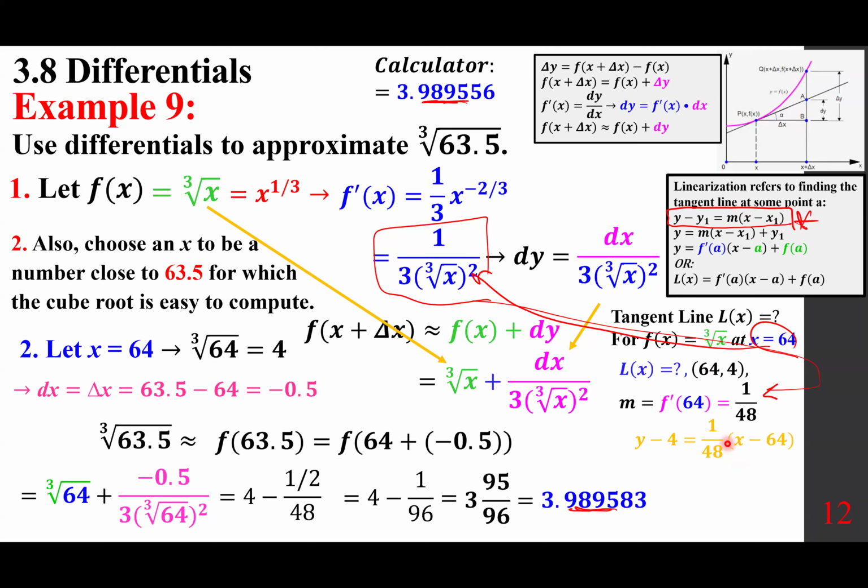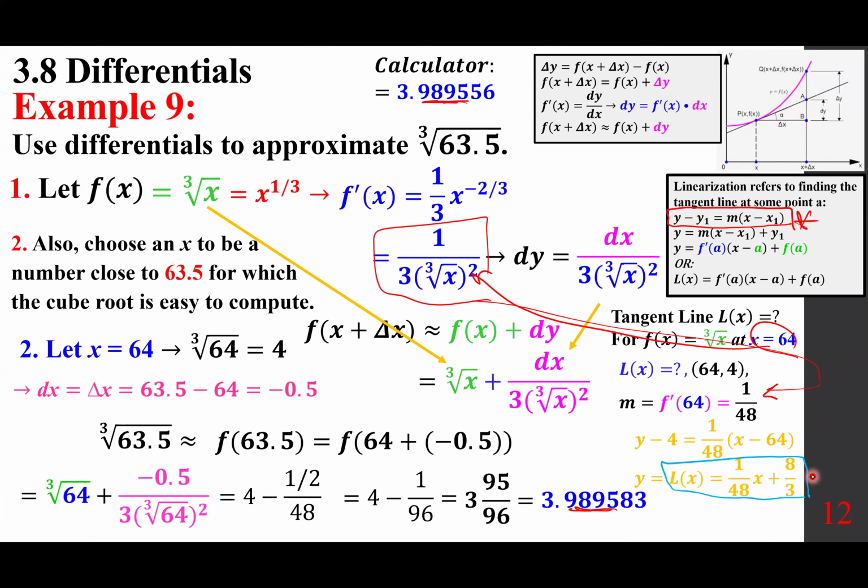So you distribute, you get 1/48 x minus 64/48, and then you move the negative 4, and it simplifies to y equals L of x equals 1/48 x plus 8/3. It is extremely important that you simplify and put it in slope intercept form, everybody.